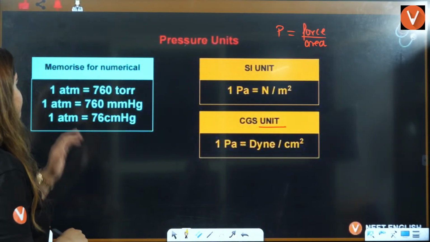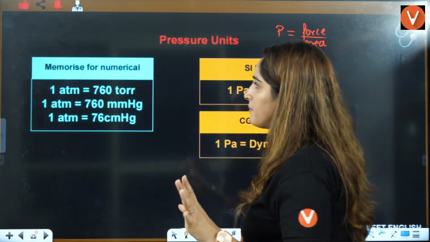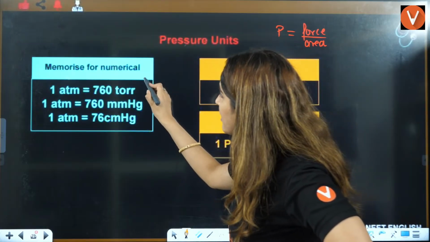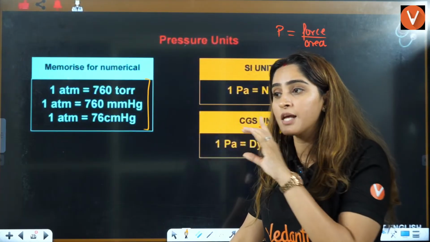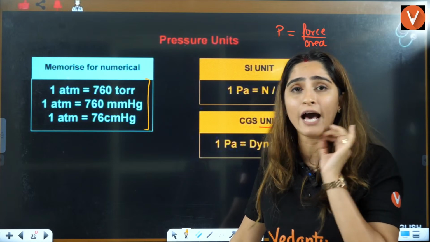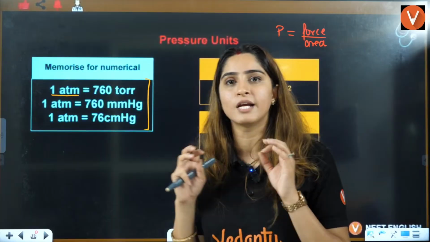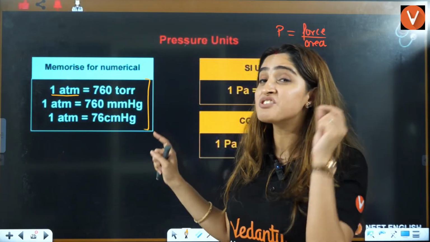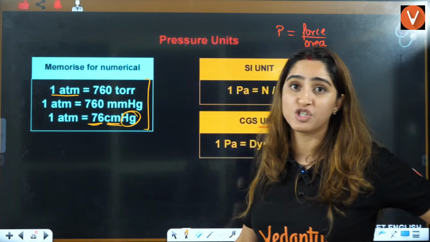Okay, chalo. Now see this thing. For numerical, what you have to memorize is very, very important, guys. 1 atmosphere, understand this, because you will see mm of Hg many times in your entire physical chemistry. 1 atmosphere is nothing but 360 torr, also written as 360 mm of Hg, also 360 centimeter of Hg.